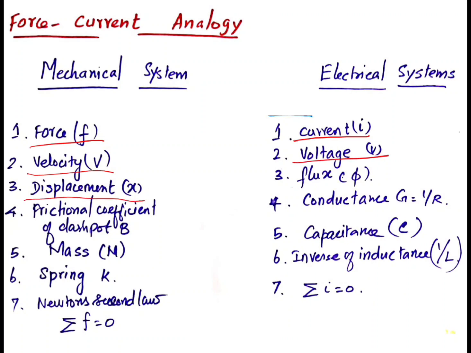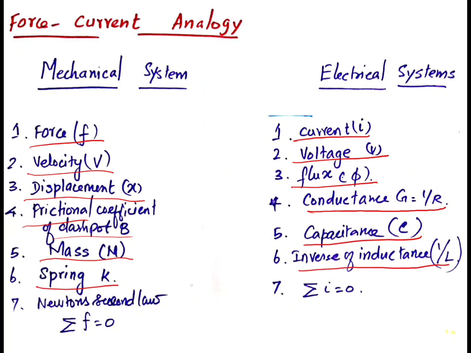Displacement x is equivalent to flux. The frictional coefficient of the dashpot is equivalent to conductance, that is G is equal to 1 by R. Mass element M is equivalent to capacitance, and spring K is equivalent to the inverse of inductance. In Newton's second law, the sum of forces acting on a load is equal to 0, and here the sum of currents at the node is equal to 0.